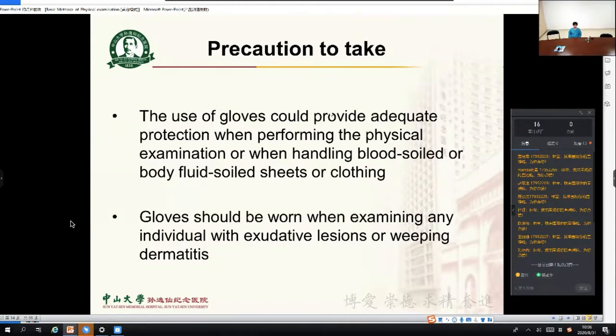And there are some precautions that we need to take. The use of gloves could provide adequate protection when performing the physical examination or when handling blood-soiled or body-fluid-soiled sheets or clothing. Gloves should be worn when examining any individual with exudative lesions or weeping dermatitis.